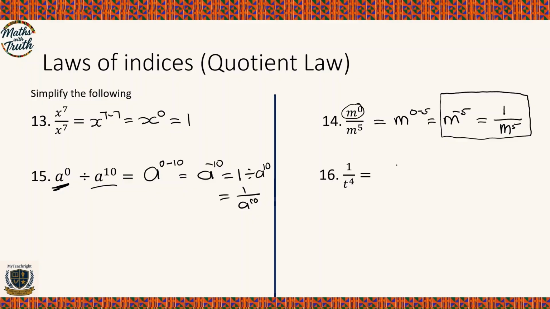Number 16, we have 1 divided by t exponent 4 is equal to, well, let's write this one so they can have the same base and we can apply the quotient law of indices. So we have t exponent 0 divided by t exponent 4, and this is equal to t exponent 0 minus 4, applying the quotient law of indices, and that is equal to t exponent negative 4.